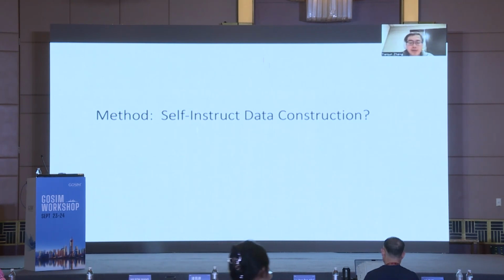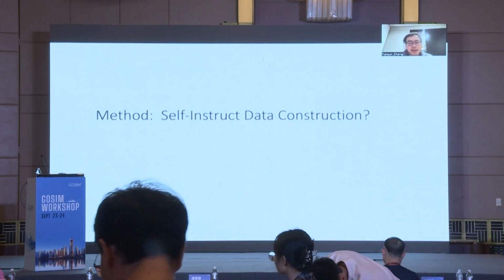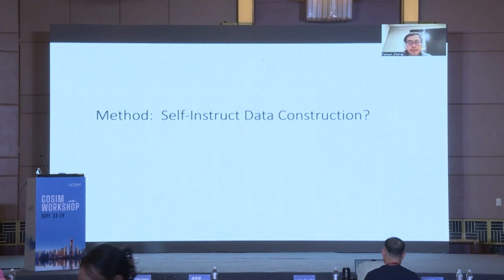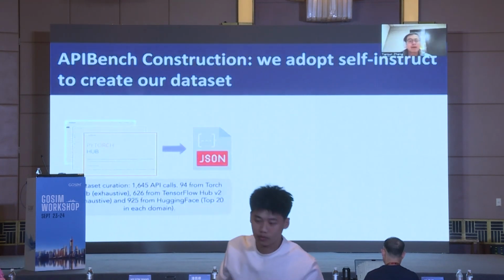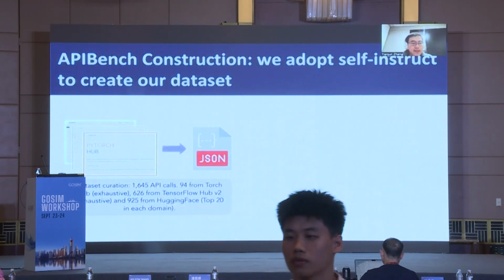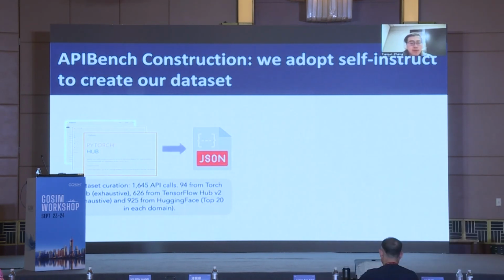And here, after answering these questions, I'm going to present to you how we actually train our model, the self-instruct data construction. What we have in our dataset is 1,645 API calls, 94 of them from Torch Hub.